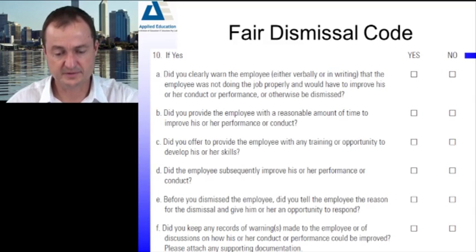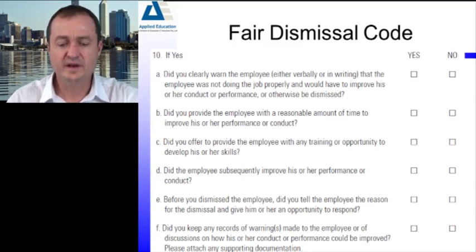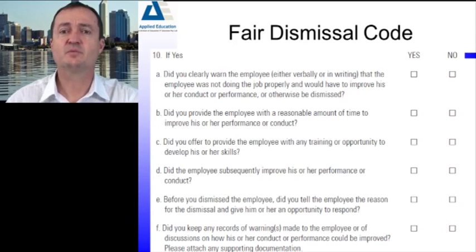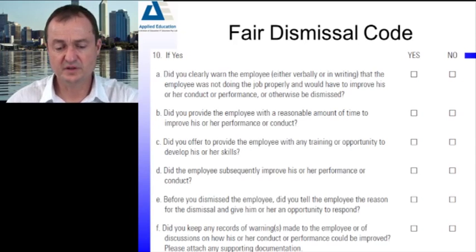If it's done verbally, perhaps then it would be wise to minute that meeting and have those present sign off on those minutes. Once the warning has been given, the next key thing is that the employee must be given a reasonable amount of time to improve conduct or performance. Perhaps also training could be offered, perhaps counselling, and then following that, if they don't subsequently improve, then they can be dismissed.